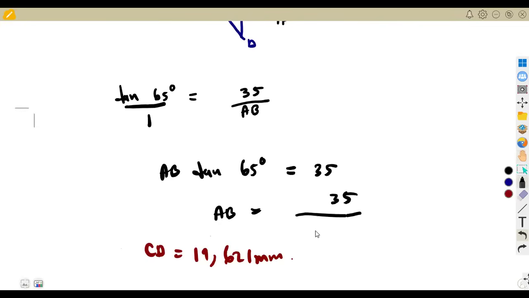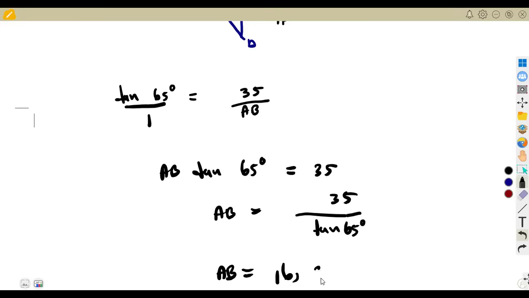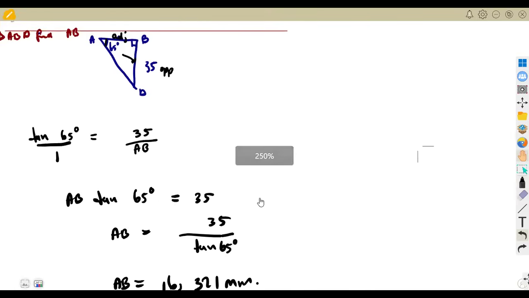By doing this, we are calculating AB, which gives us 16.321 millimeters.